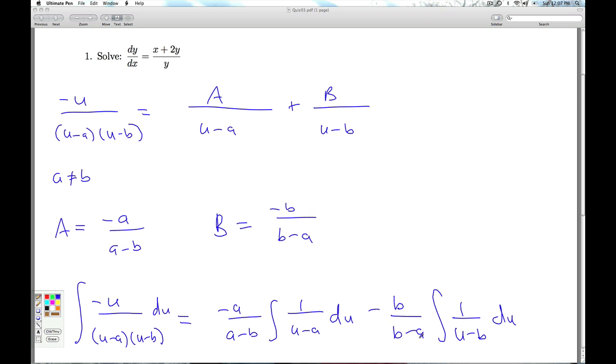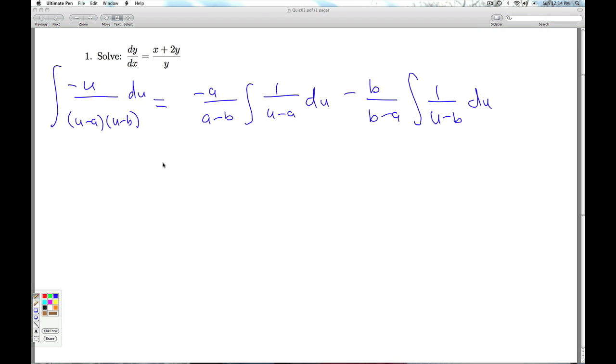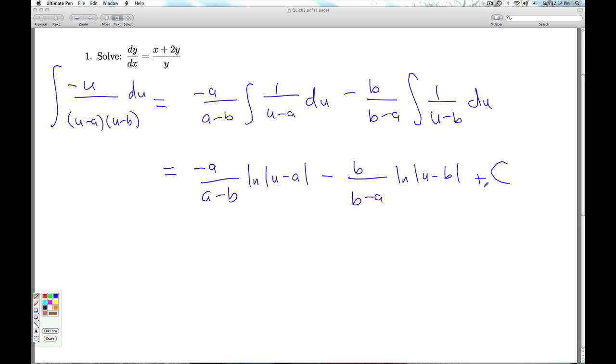A and b are just constants. Alright? So when you integrate that, you're just going to get your standard natural logs. Okay, so integrate this as usual. I get negative a over a minus b, natural log absolute value u minus a, minus b over b minus a, natural log absolute value u minus b, plus of course some constant.